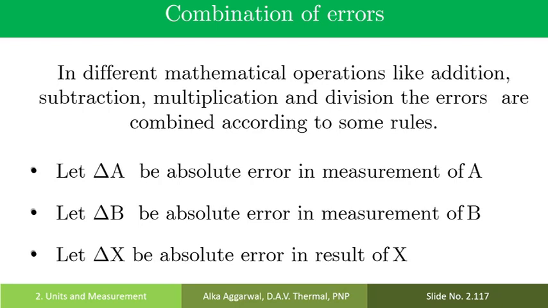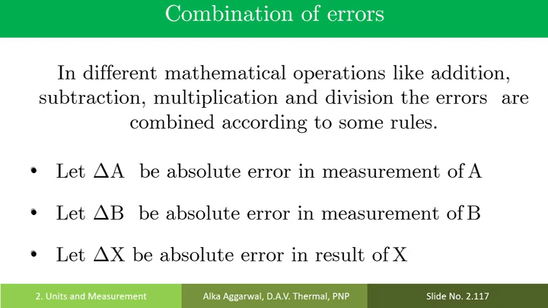Now the combination of errors, that is, how the error is propagated if we multiply, divide, add or subtract the measured quantities. To discuss this, let us first consider the addition of two quantities.